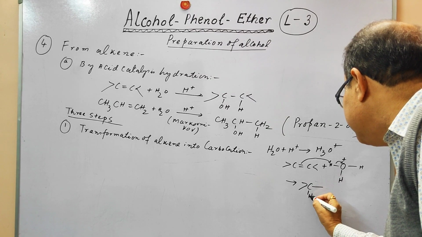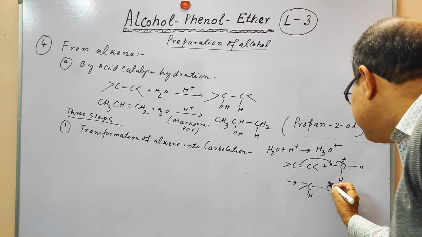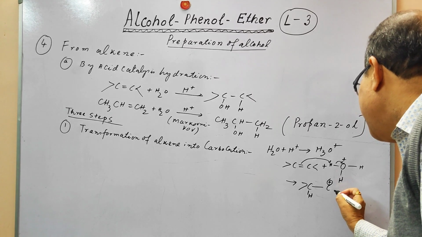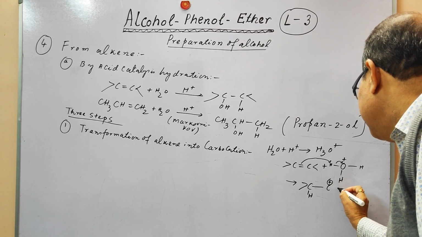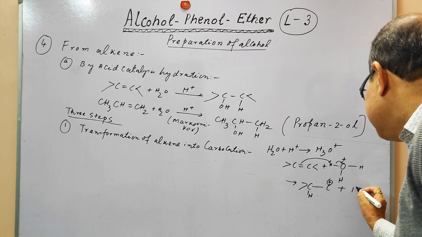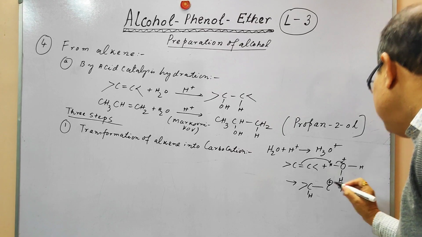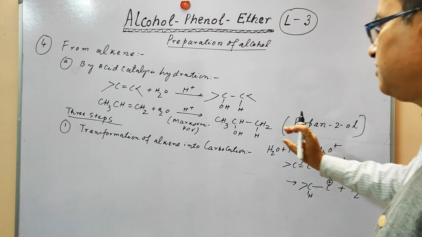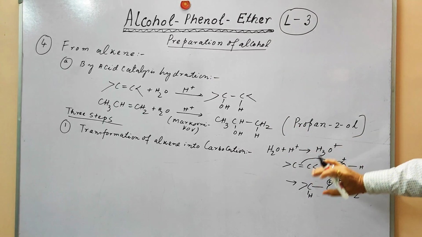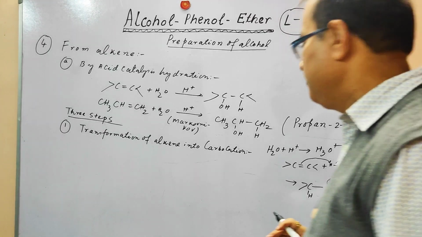Here you can see hydrogen and here you can see the carbocation, and H2O is produced. So this is the first step where the alkene has been transformed into this carbocation.